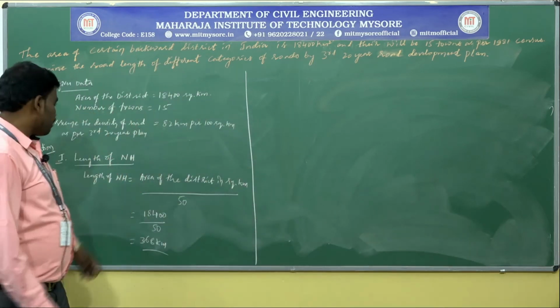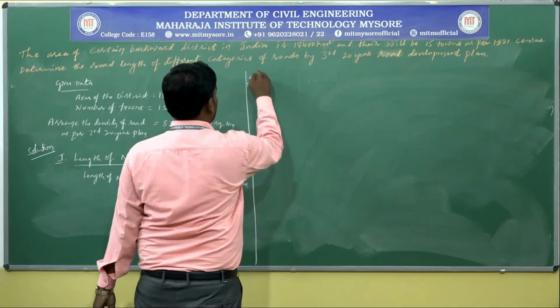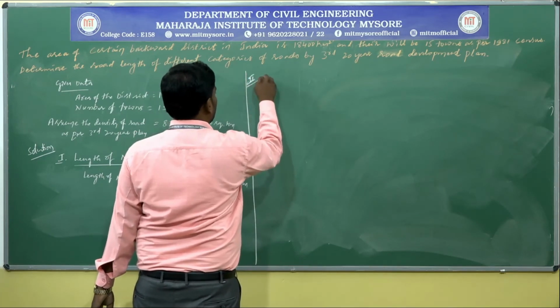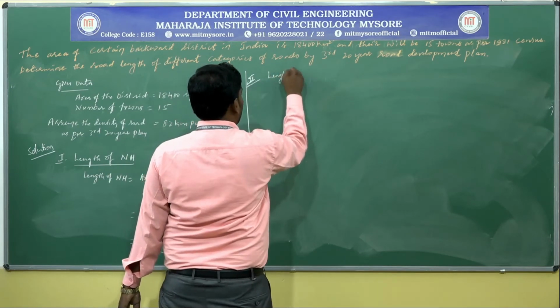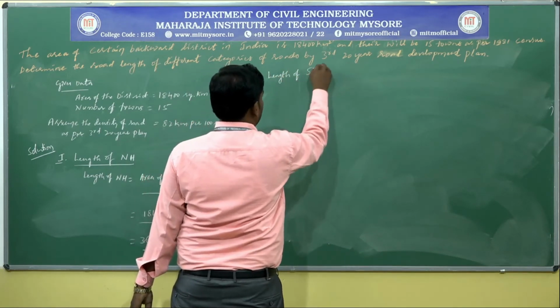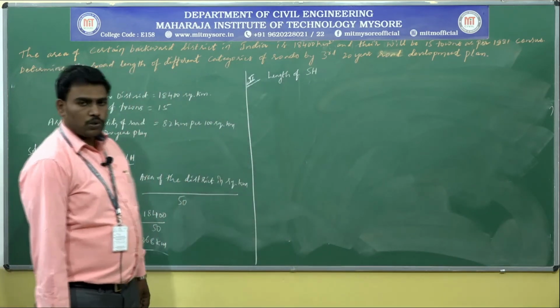Next, I'll move on to step number 2, the length of state highway SH. We know that for calculating the length of state highway, we have two relations.